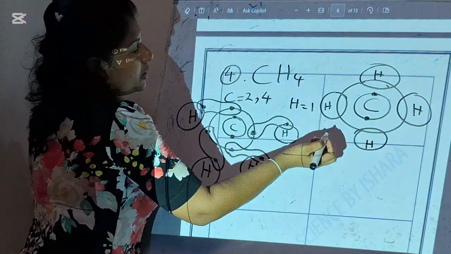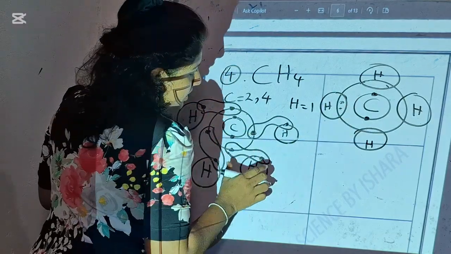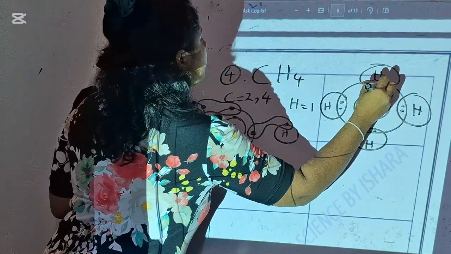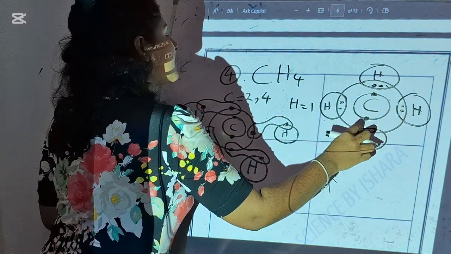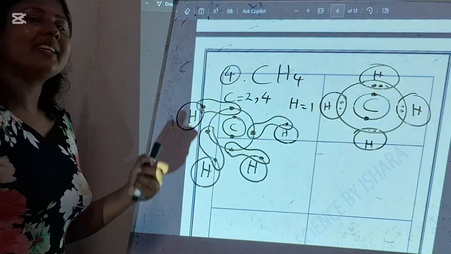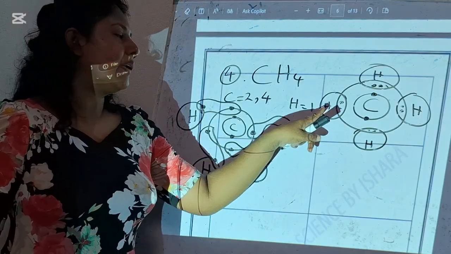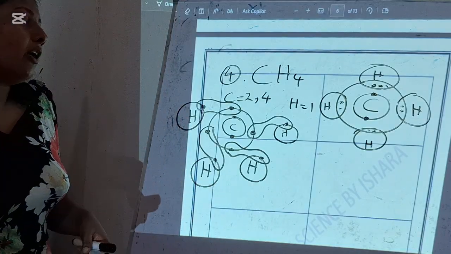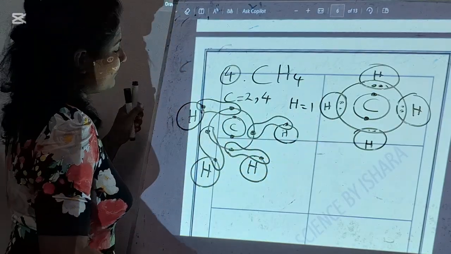This bond contains 2 electrons, this bond 2 electrons, 2 electrons, 2 electrons. Look at carbon 1 2 3 4 5 6 7 8. Carbon has filled 8 electrons. Around each hydrogen only 2 electrons. That is the way of drawing the covalent bond of CH4.